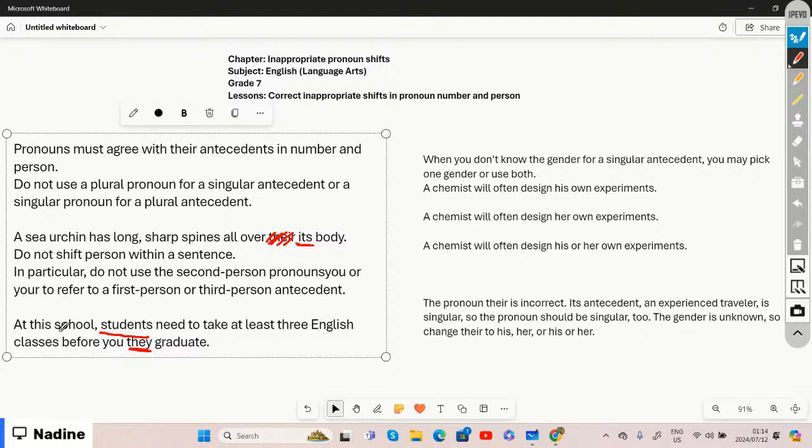At school, students need to take at least three English classes before they graduate. Not you graduate, they graduate.